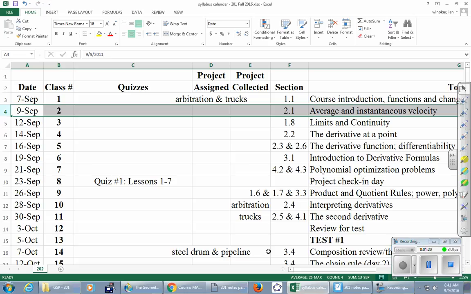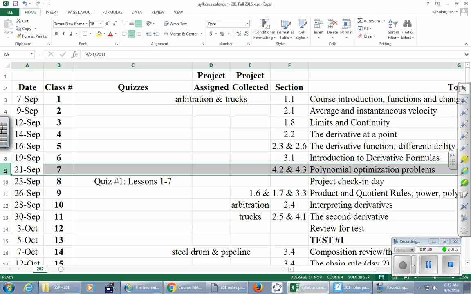And the reason that my colleague Caitlin and I completely shuffled the order of the topics in this textbook is that we wanted to get to this class right here, polynomial optimization problems, as quickly as possible. So the goal of these first 7 classes is to get there as soon as we can. Polynomial optimization problems are some of the hardest problems in calculus.